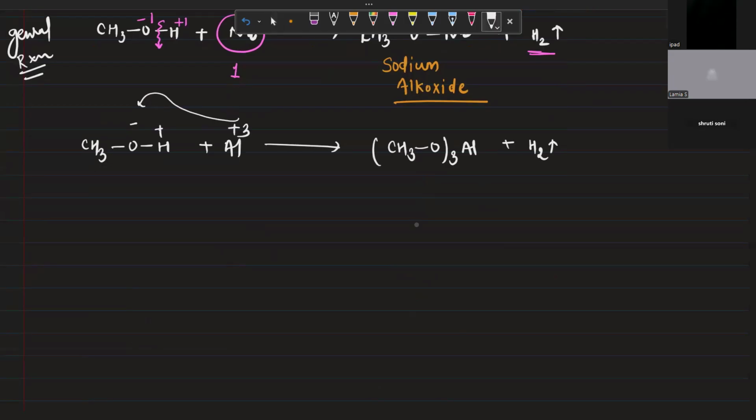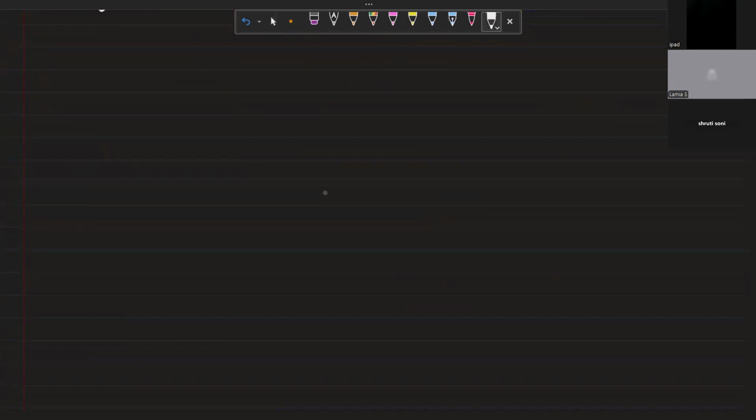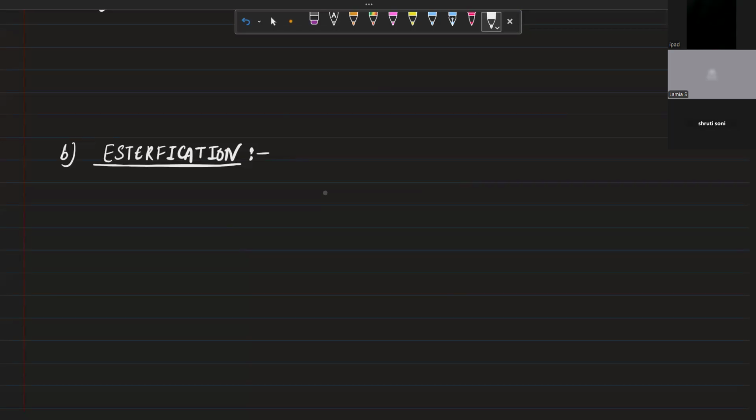The second reaction is esterification. Esterification is the most important reaction. So first you tell me what is ester.